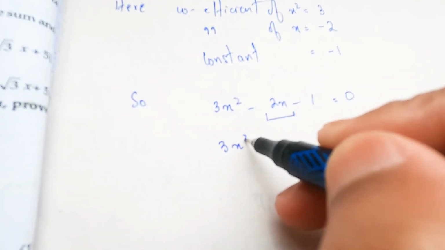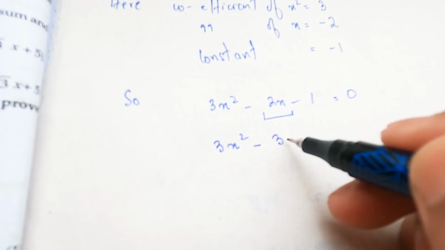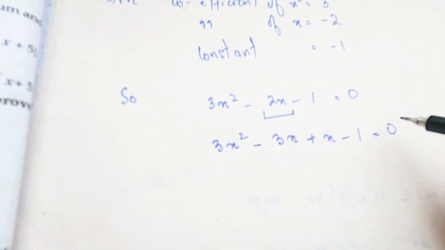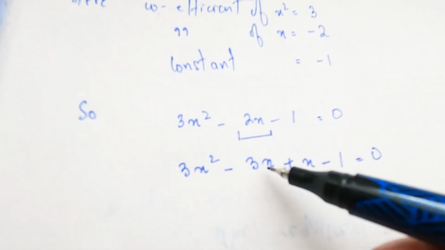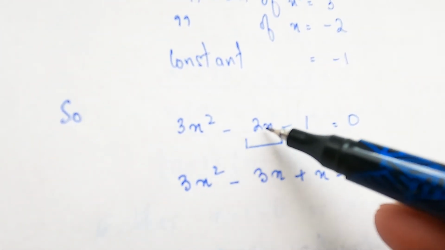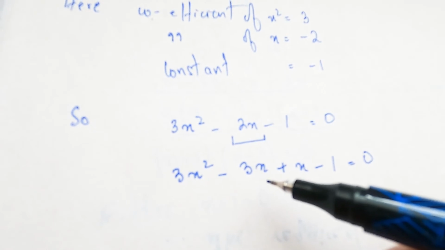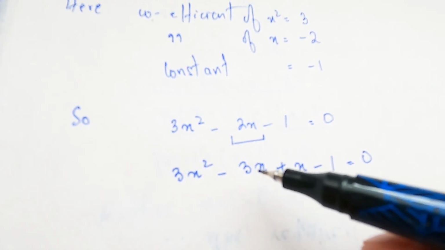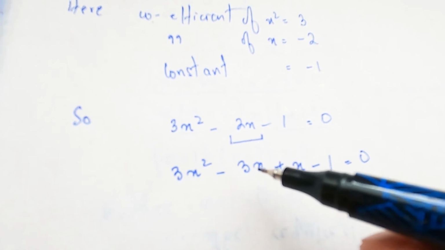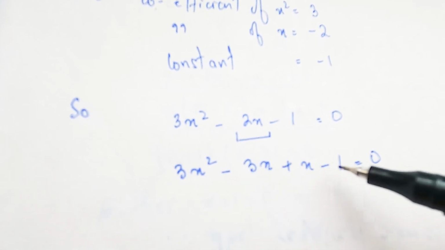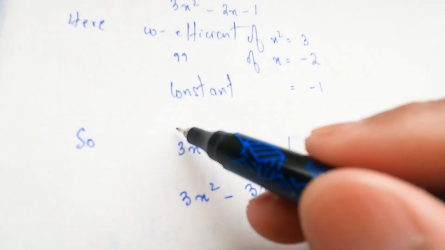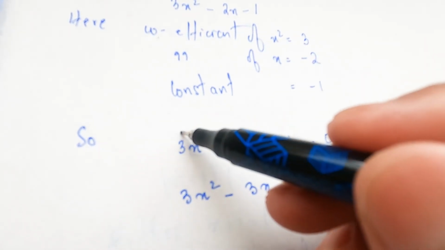So 3x square minus 3x plus x minus 1 is equal to 0, because minus 3x plus x will give minus 2x, and 3 into 1 we will be getting 3, because in this case we have to multiply.